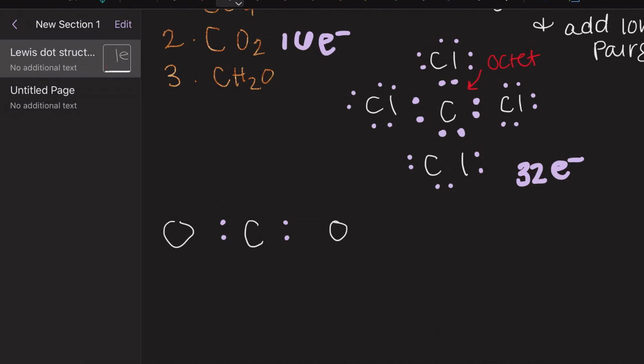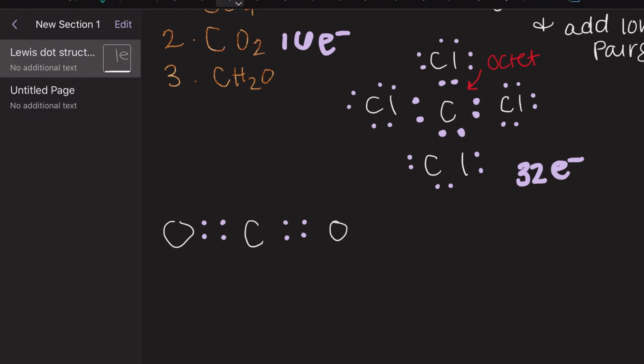And then we can think to ourselves, does everything have an octet? And the answer for this is no, carbon can still have an octet. So we'll add double bonds, because now carbon does have an octet and it has 8 electrons around it. But does oxygen have an octet?